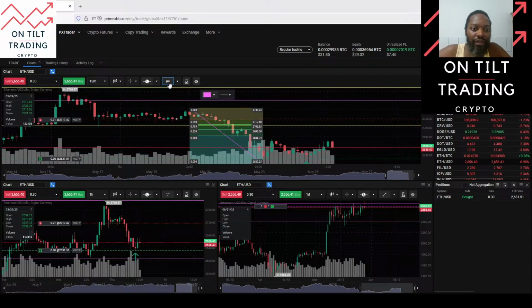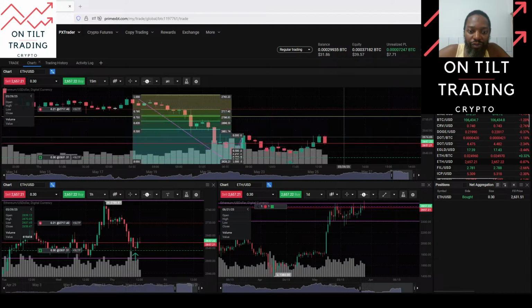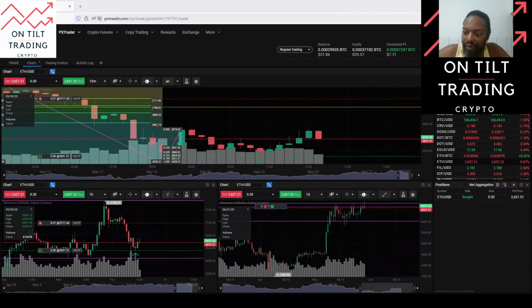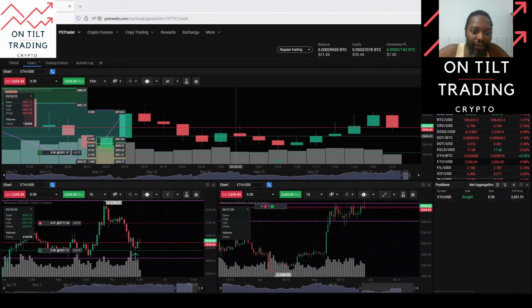So I'll set this to the pullback here, and then you can see here my entry is set for this 79%, this 0.79. The same thing here on this pullback attempt. So I set my entry at 79, the same here.